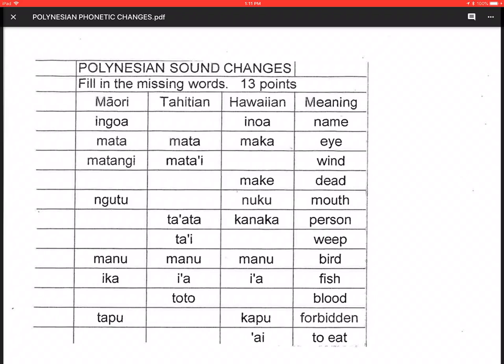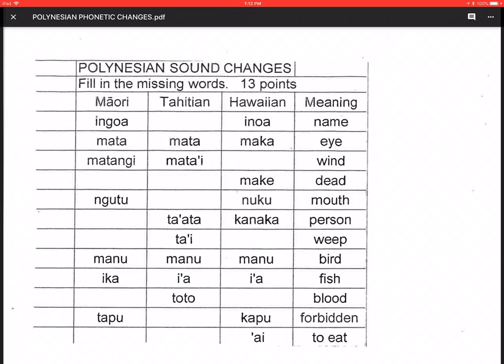So if we had continued across to the Hawaiian, you might guess for yourself that since the ng is in the Maori word, based on what we saw in the first row, instead of ng we might have n. And conversely, if we look up at the first row, we see the missing Tahitian word. We know that the ng in the Maori word, if we look down to the third row, equals that apostrophe, the glottal stop, so we're going to have that in the Tahitian word.